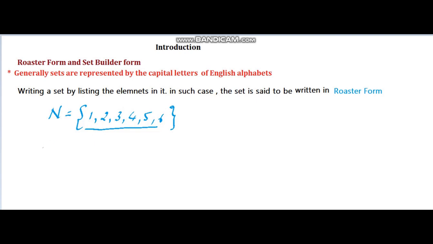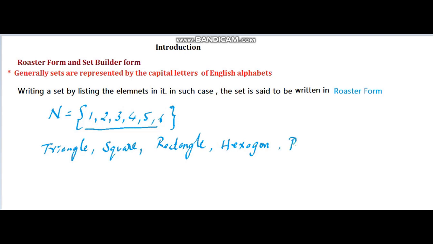Suppose I take triangle, square, rectangle, hexagon, pentagon.